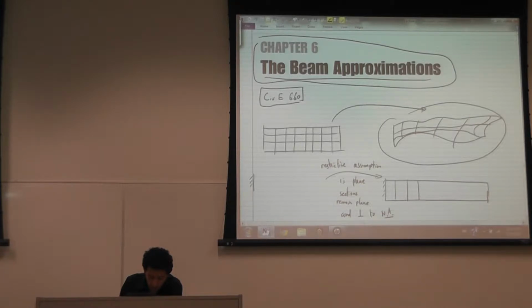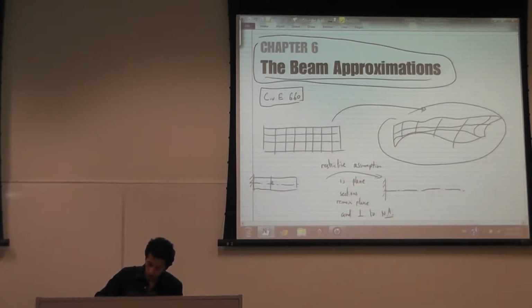If you have a beam before deformation, and this is the neutral axis, if you draw any plane here, after deformation you enforce this plane to stay plane and perpendicular.